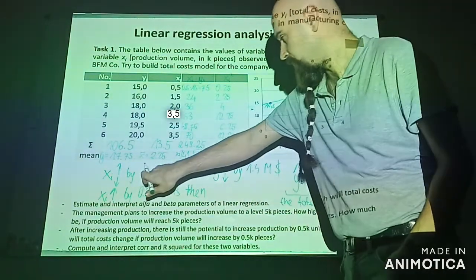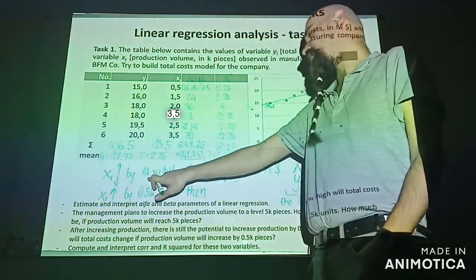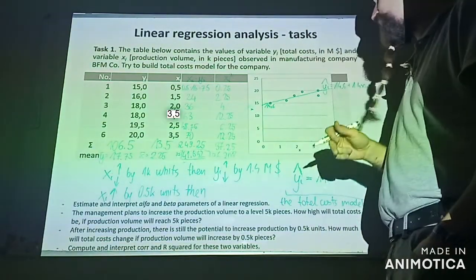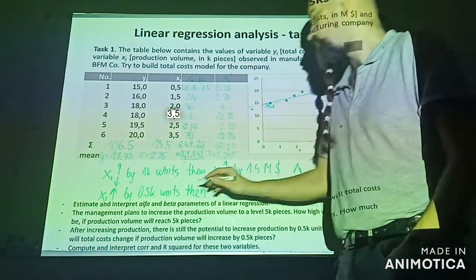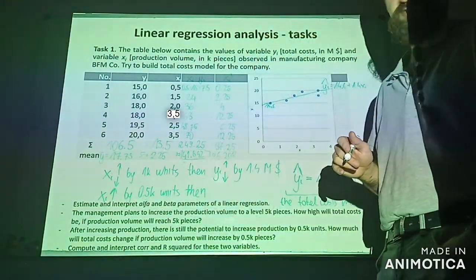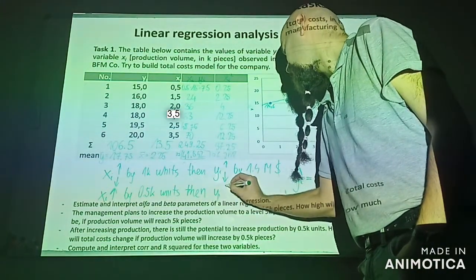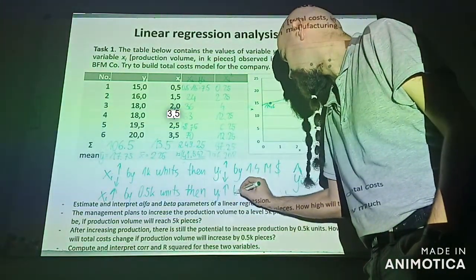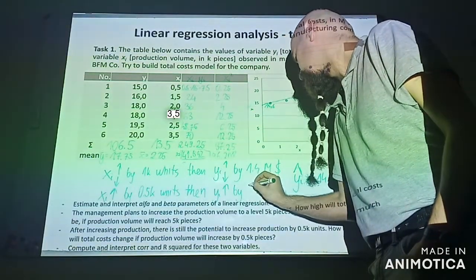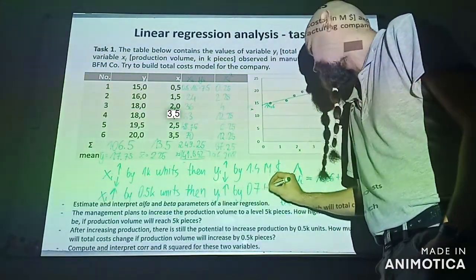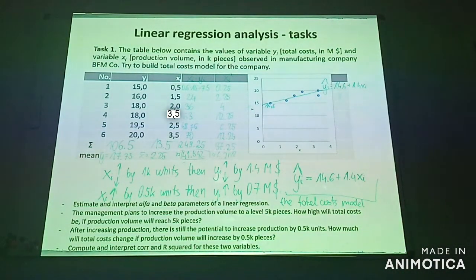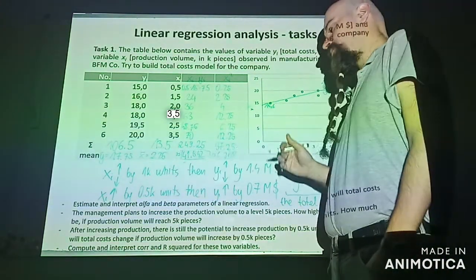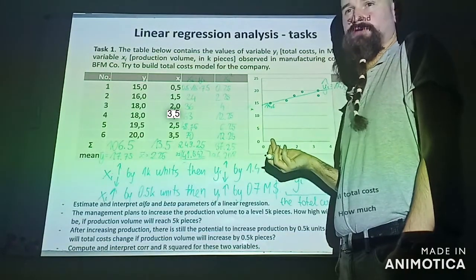If I have 1,000 units, I have a $1.4 million increase. So when I have 5,000 units, then I have an increase of $0.7 million. The rise here is proportional.